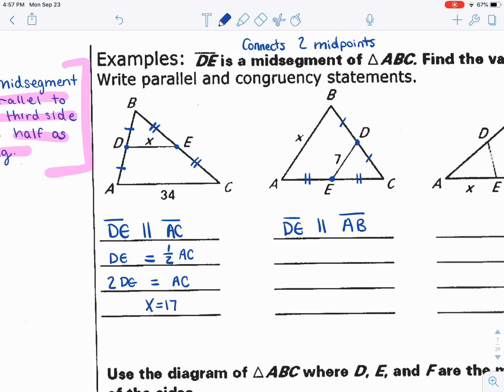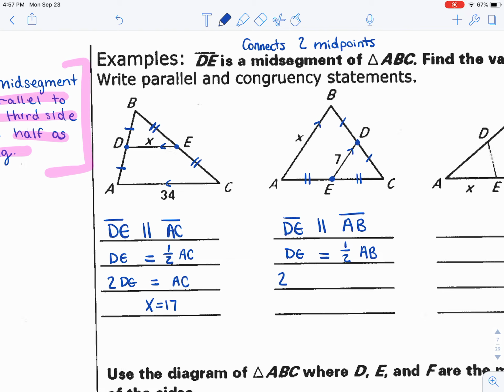Remember, we can show that 2 segments or lines are parallel by putting arrows on them. So, it's parallel, and also the midsegment, DE, is half as long as that third side, AB. The inverse operation of halving is to double something.